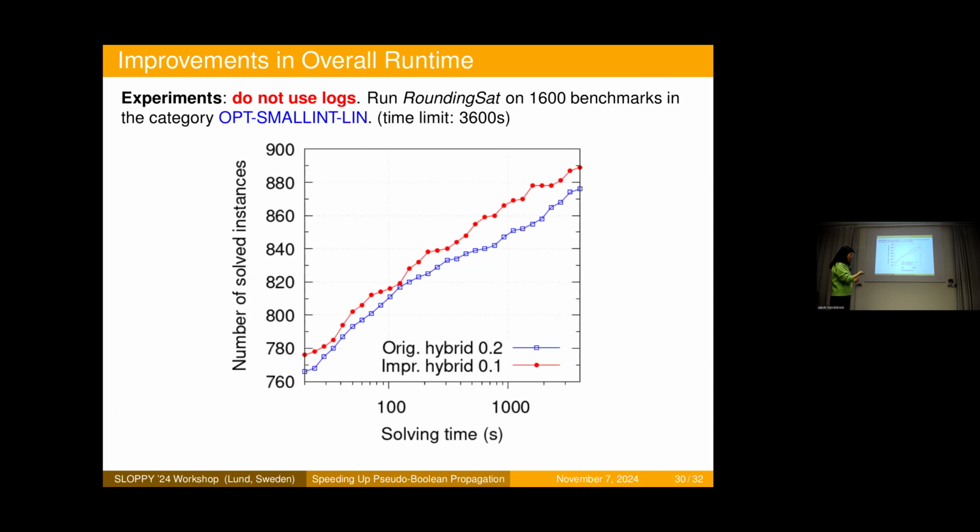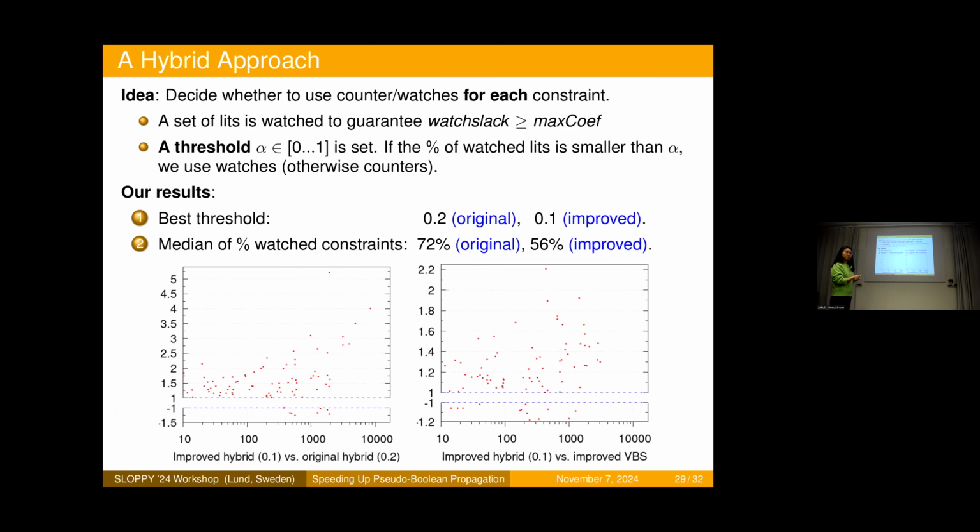But wait, what does that mean then? Here, it means that if we just compare this improved hybrid system with the original hybrid system, yes, it's much better. Our improved hybrid system is much faster.